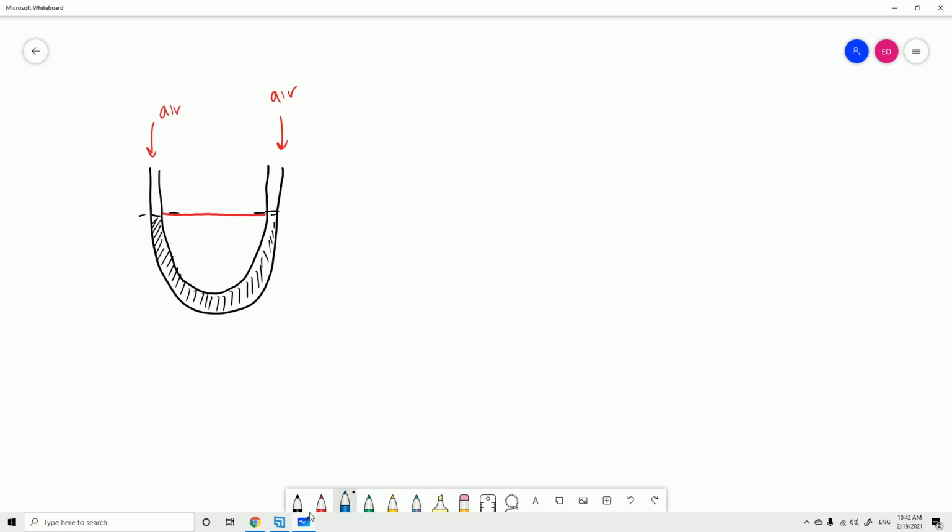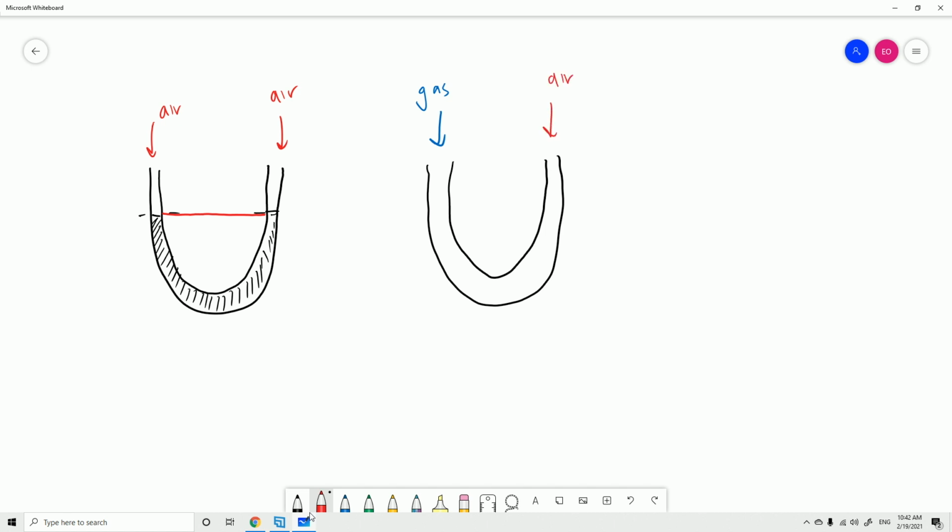But let's just imagine that this time you're going to have gas, and again, of course, this one's going to be air. And we're just going to imagine that the pressure of the gas is higher than the pressure of the air. Then what do you think will happen in terms of the height differences between these two tubes?